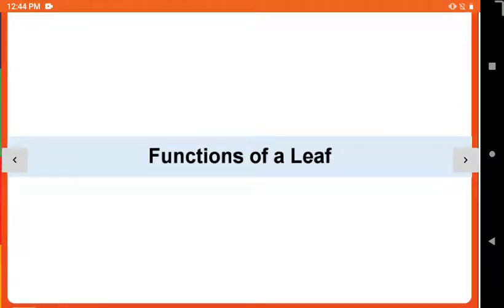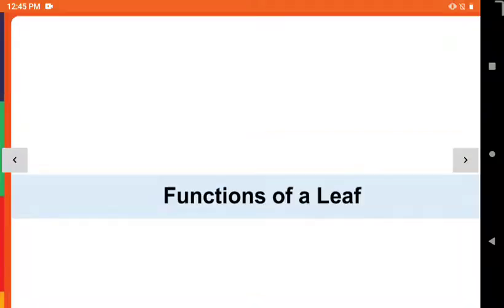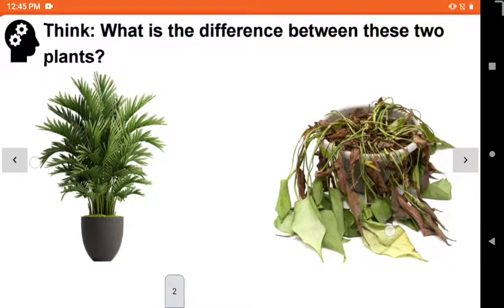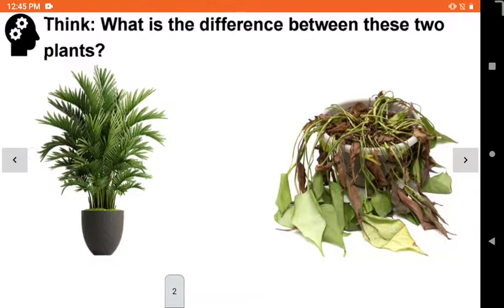Next, I will ask you a question: what do leaves do? Leaves have two functions. First is transpiration and second is photosynthesis. So we will be learning about transpiration today and photosynthesis in the next class. Okay. Your first question is, what is the difference between these two plants?